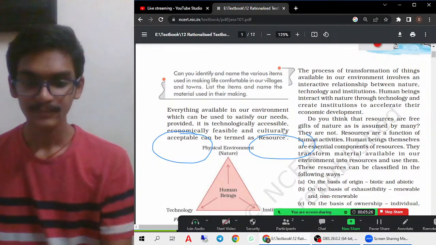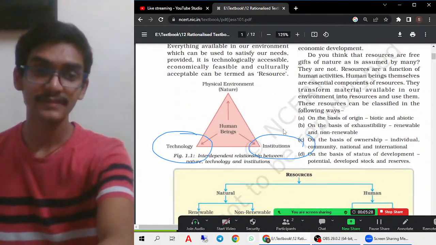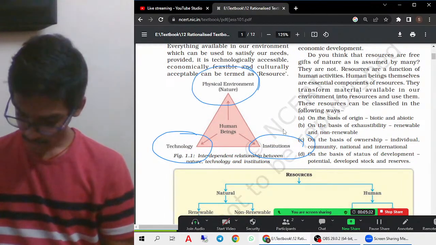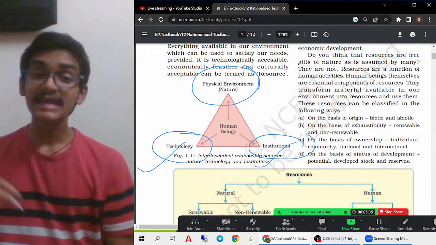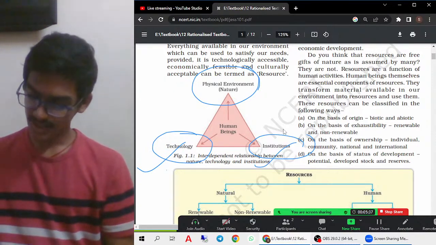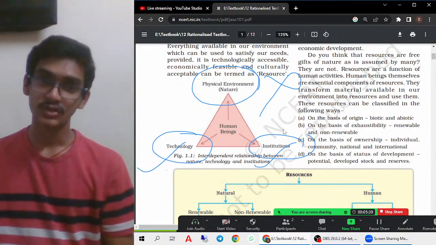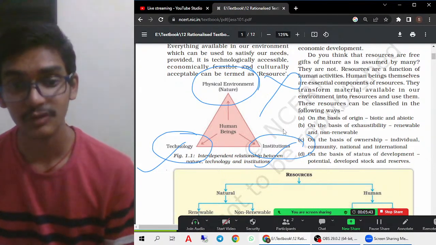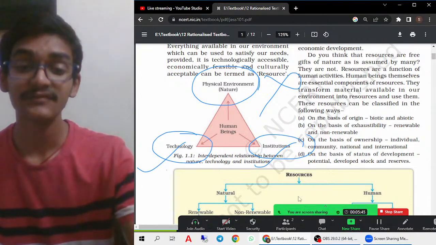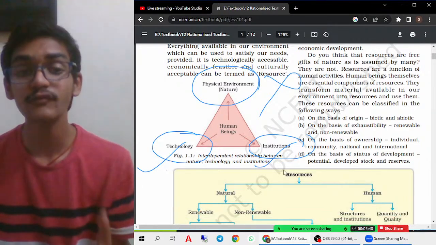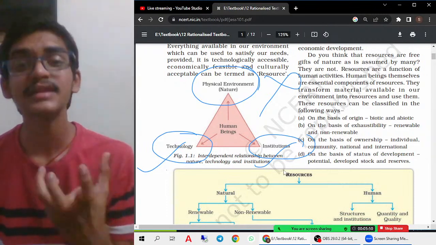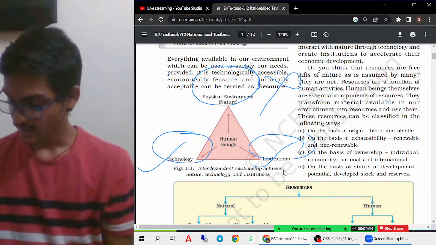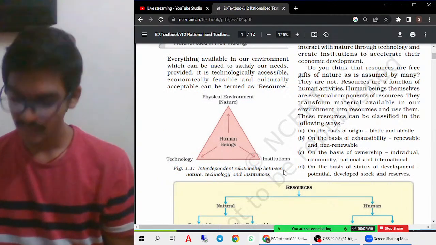As you can see, each is very important: physical nature, technology, and institutions. If any one thing is missing, then we cannot make the resources more useful or better, and they cannot help in satisfying human needs. We cannot use them. Therefore, all these three things are very important.